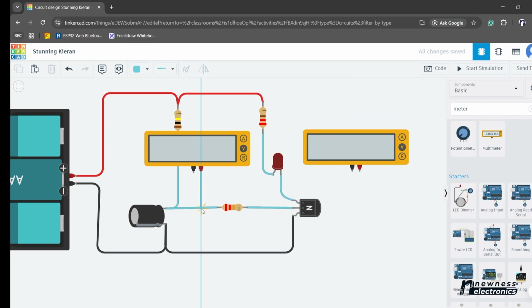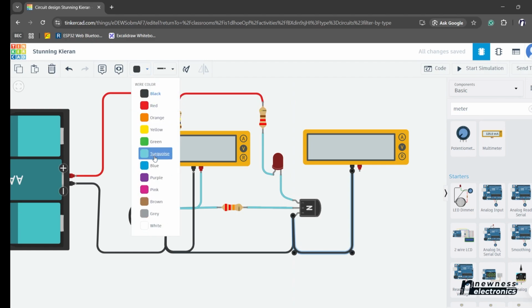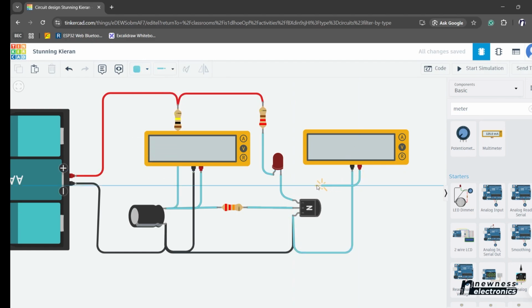So I'll connect this one here. The other goes to ground, right?